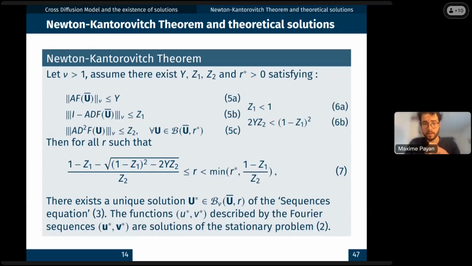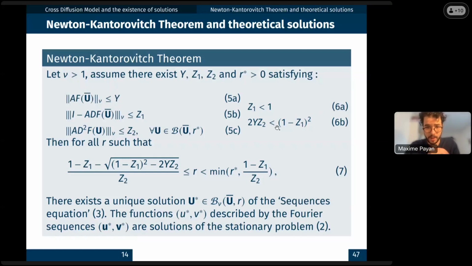Assume there exist Y, Z1, and Z2, and r star positive, where Y, Z1, and Z2 depend on A, the matrix A, satisfying 5a, which means that U bar is a very good approximation of a zero of f, okay? But I recall that U bar is finite, very important to compute. So Y will be very small, okay?